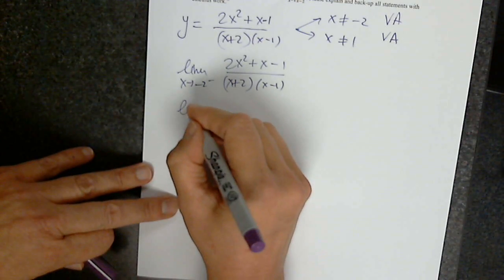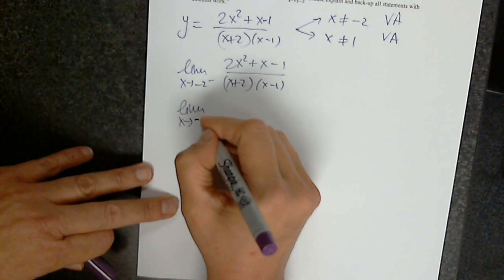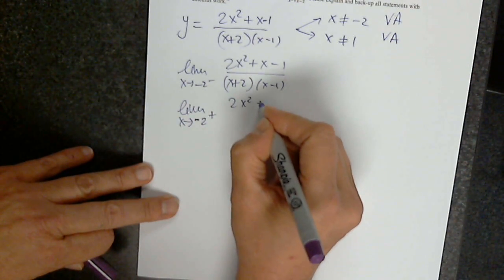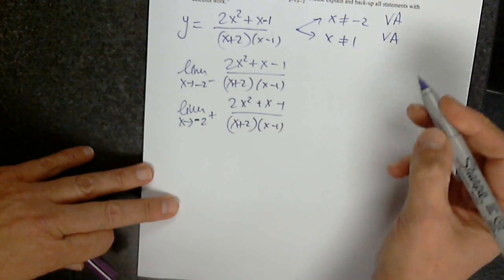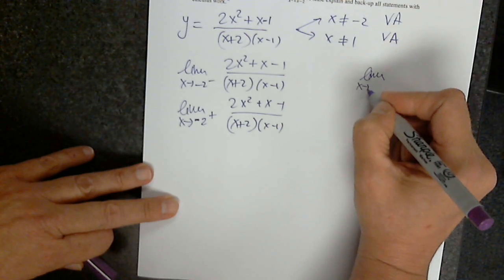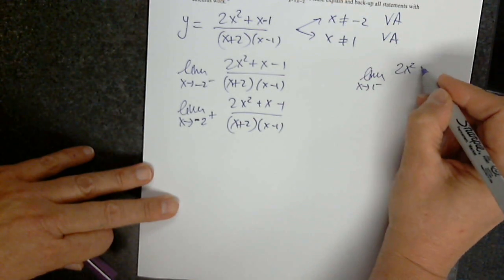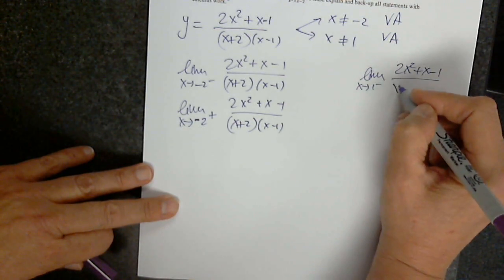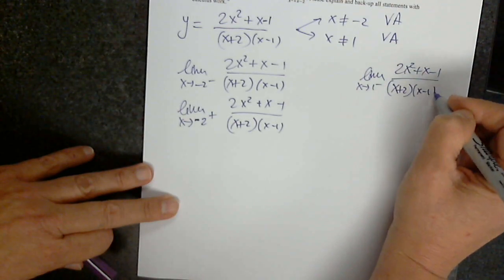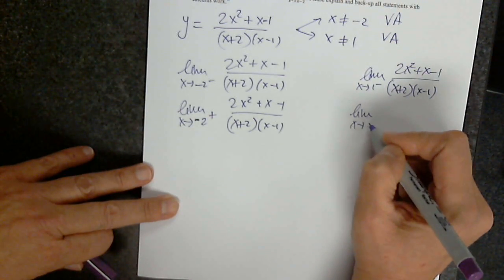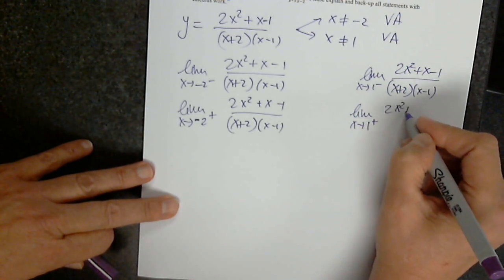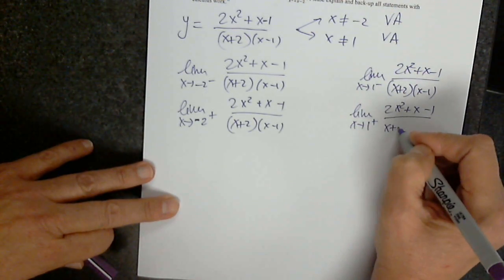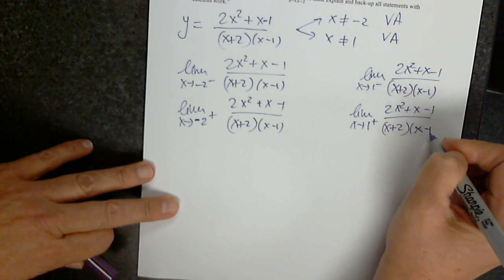And I have to find the limit as x approaches negative 2 from the right of the same thing. Also the limit as x approaches 1 from the left of the same thing. So it is no longer sufficient to say it's a vertical asymptote. That's not enough. You have to find the limits.